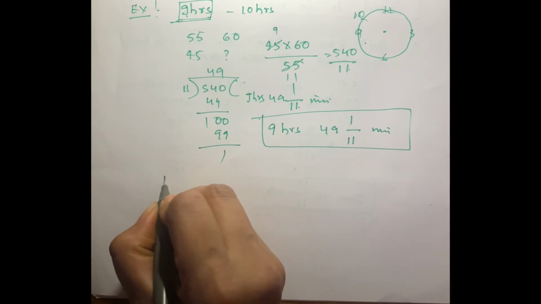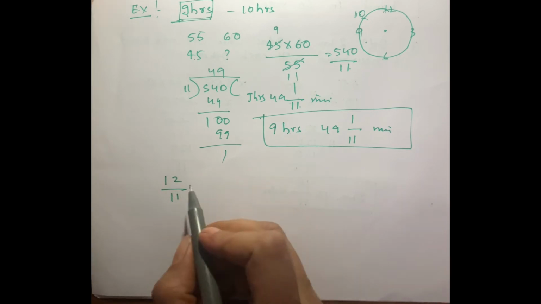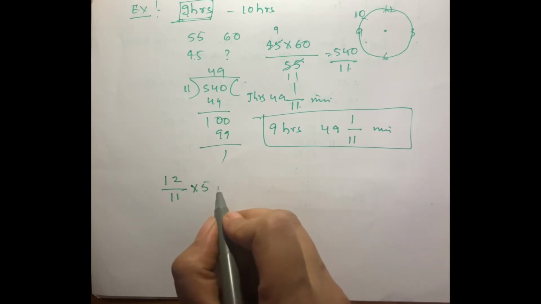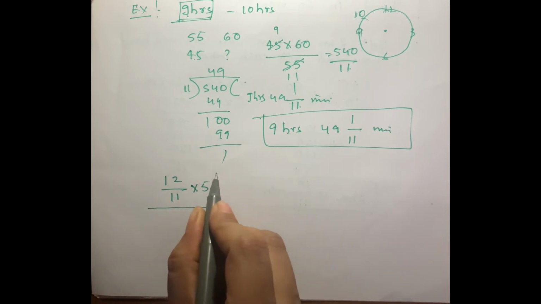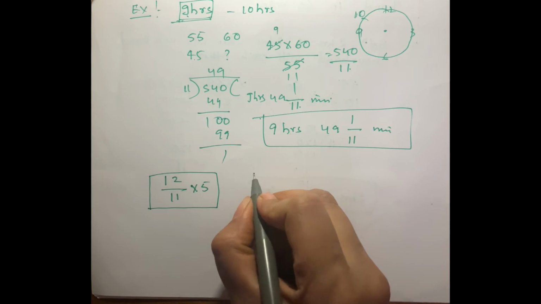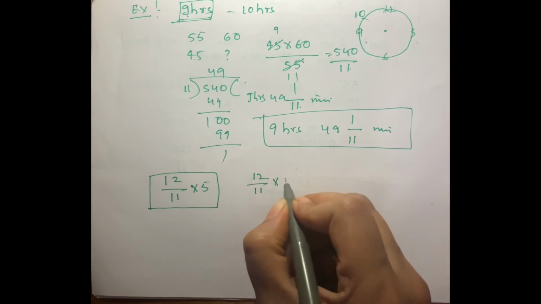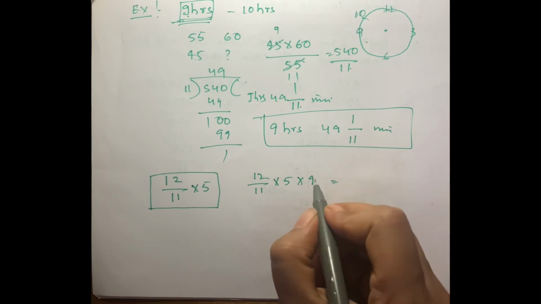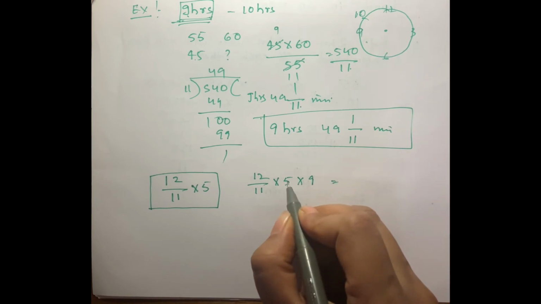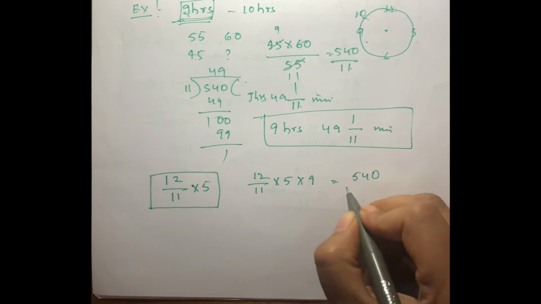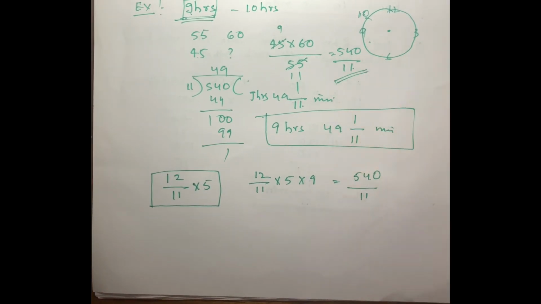The formula is 12 divided by 11 into 5. How to apply it: between 9 hours and 10 hours, 12 by 11 into 5 into 9, again the same calculation, 9 into 45, 45 into 12 is 540 by 11. The same answer we have got.